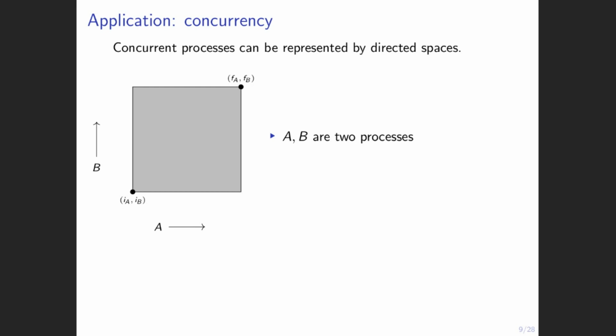Let's suppose that we have two processes, A and B, running concurrently. We can represent this by thinking about all the possible states of A and all the possible states of B, and then taking all the possible states of them running concurrently as pairs of a state of A and a state of B. Here we have the initial state of A and the initial state of B, and the final state of A and the final state of B, which is the final state of the whole concurrent program.